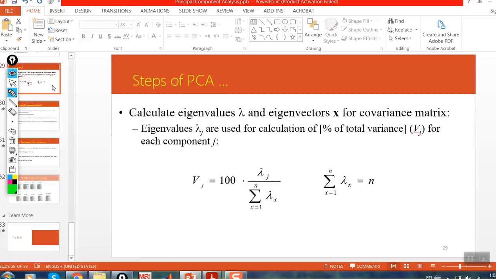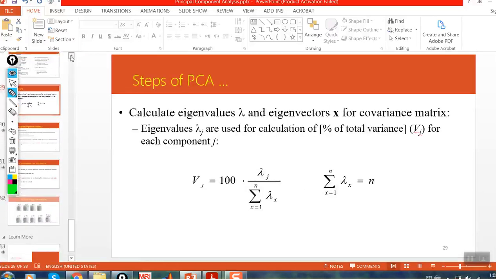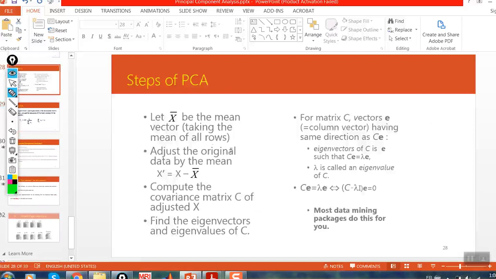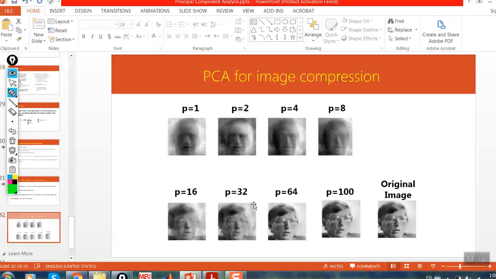I explain according to this, if our data is images. And then we calculate the covariance, and then finally we calculate the eigenvalues and eigenvectors.